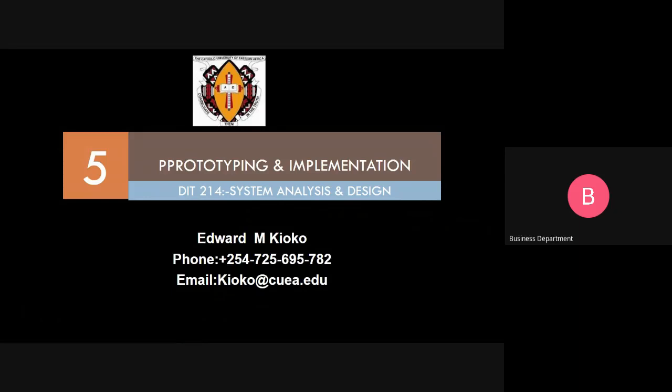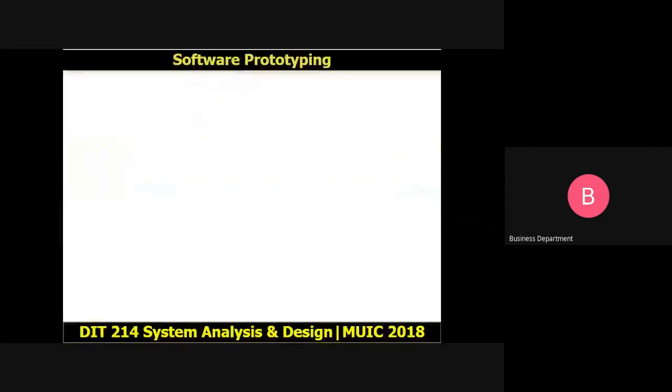Now, at this point, we will look at how we proceed. Once you have the requirements, and have done the design and the analysis of the system, we now look at how we can make a small working model of the final system and how we can implement that system.